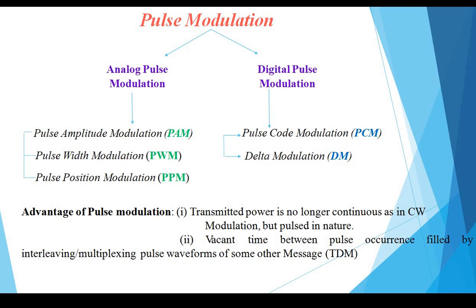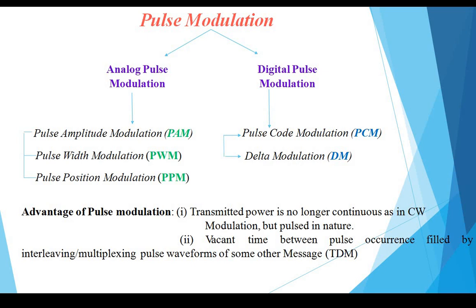So the continuous power has to be transmitted. Whereas in pulse modulation, for a positive pulse where the information is present, only at that particular point the power is used, means your power is transmitted. Other than that, the power is not used. So that is the main advantage, that your power is reduced in pulse modulation schemes.